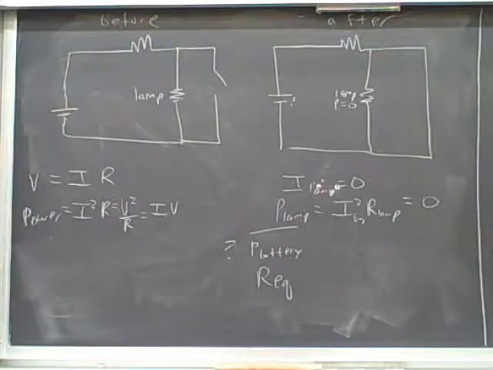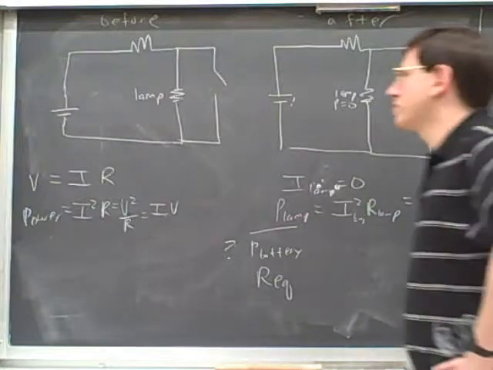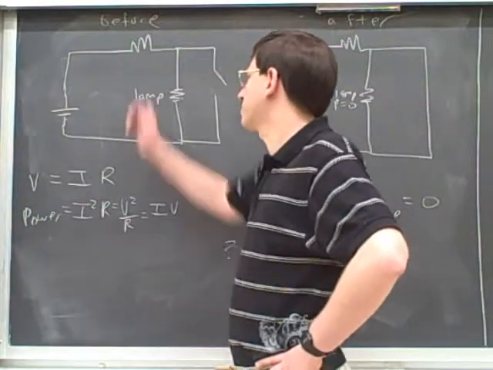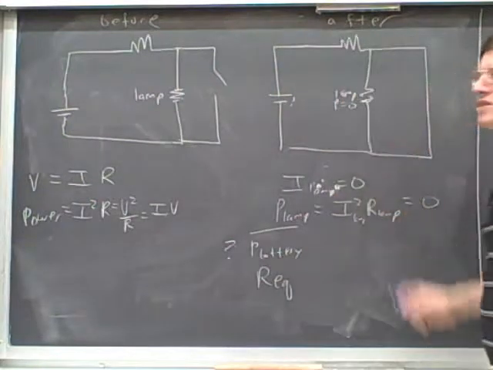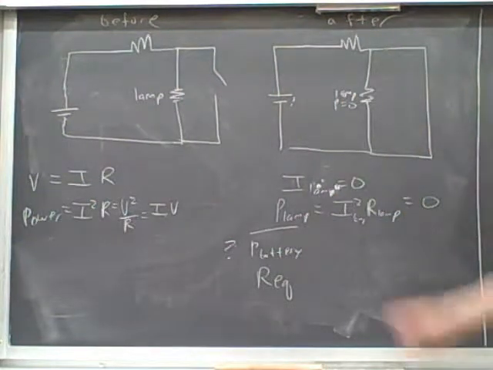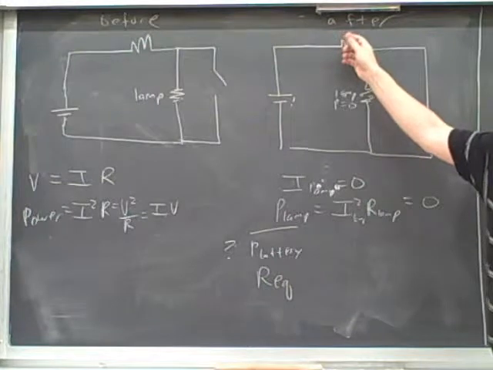Well, it's as if before, when they were in series, you added them, right? But now you only have one, so it's like there's less. Yeah, that's right. So here, the total resistance was this resistance plus this resistance. But what's the total resistance in this circuit? Just the one. Yeah, it's just the resistance from this one resistor.